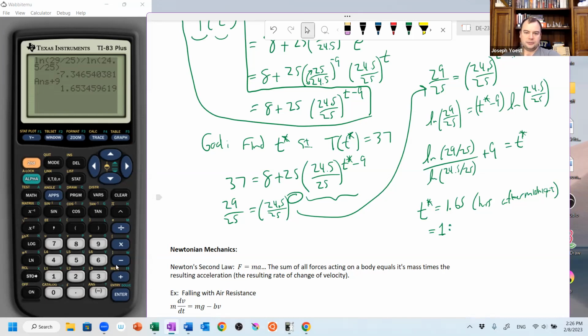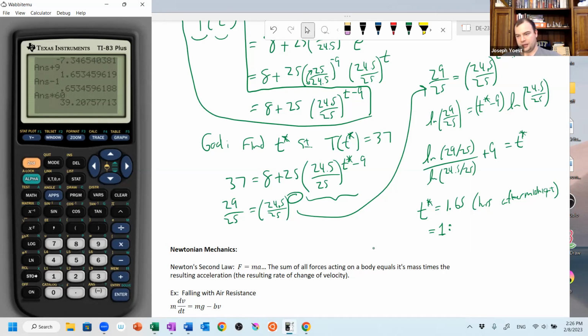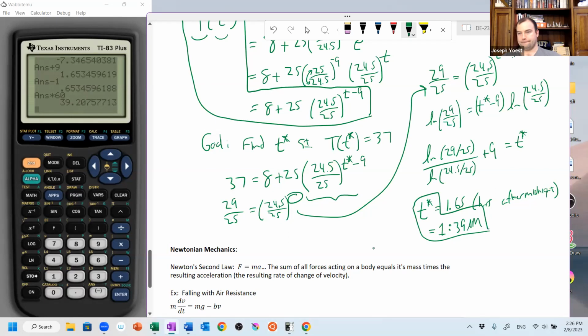And so we subtract 1 and multiply by 60. So it's going to be like 1:39 a.m. That's what we estimate as the time of death for this individual.